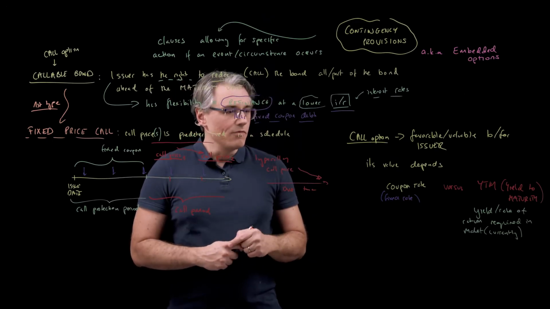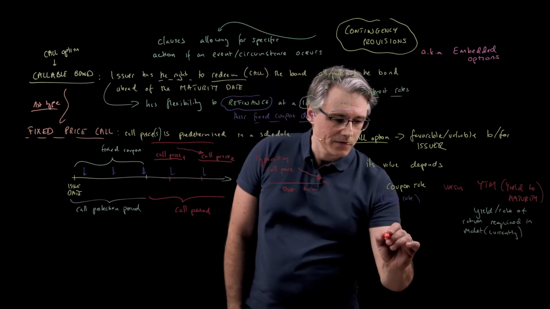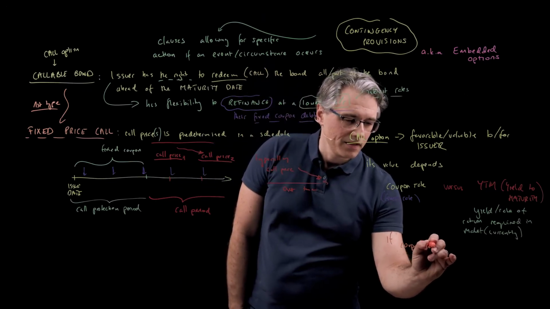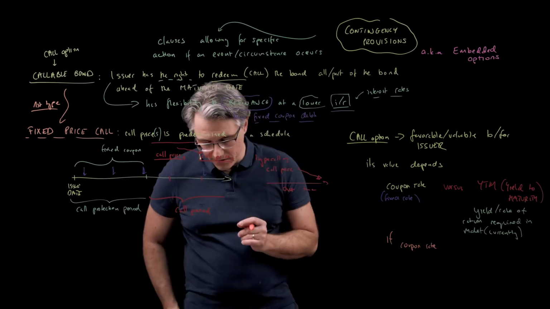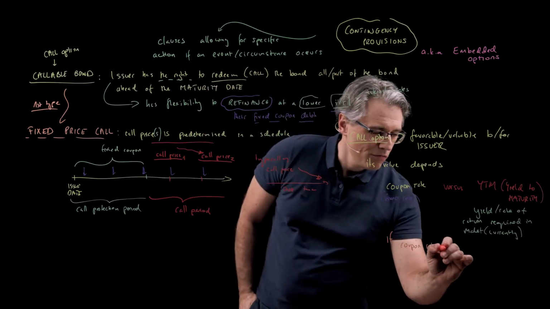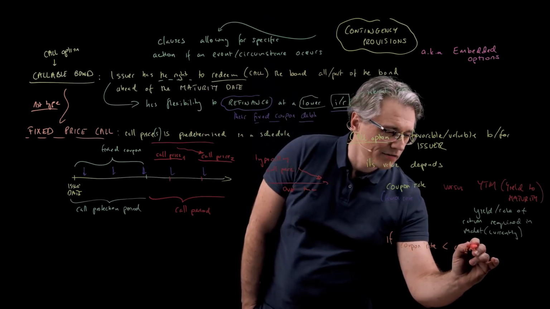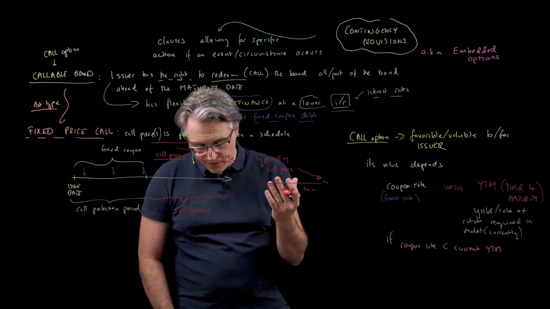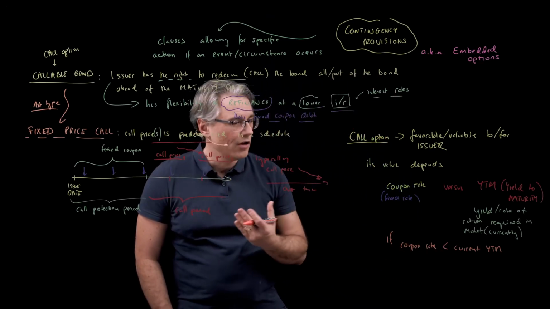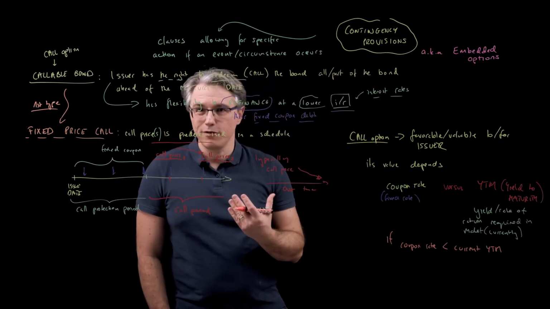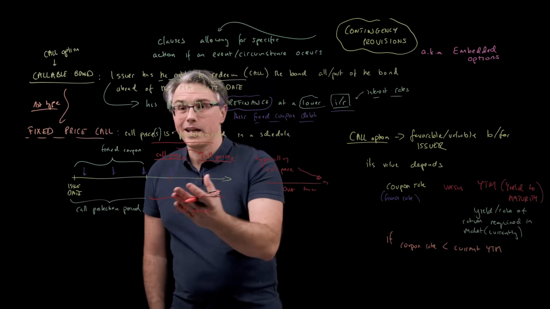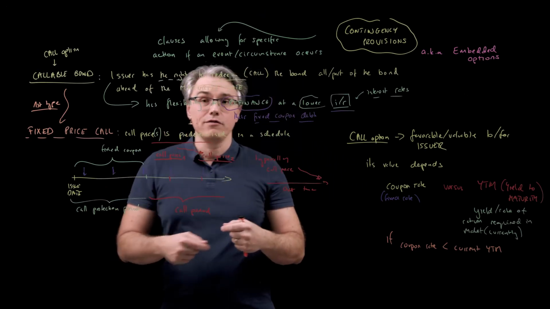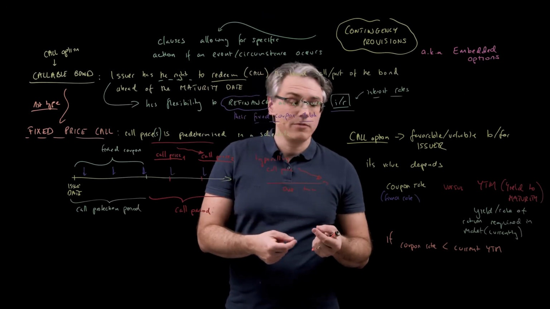And if the coupon rate that we are actually paying is lower than current YTM, meaning what kind of yield, what kind of rate of return would you need to offer investors if you wanted to refinance this issue? If you wanted to replace these bonds with new bonds that you would offer to the market.